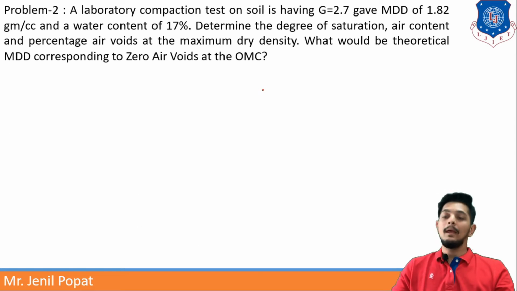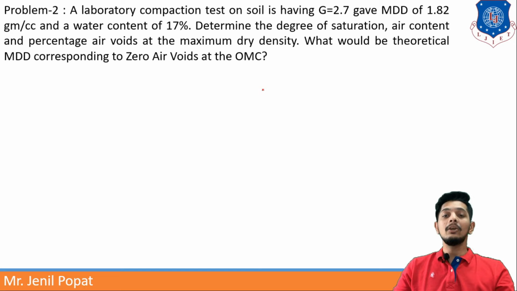Problem 2. A laboratory compaction test on soil has G, specific gravity, as 2.7. It gave an MDD of 1.82 gram per cc and a water content of 17%.